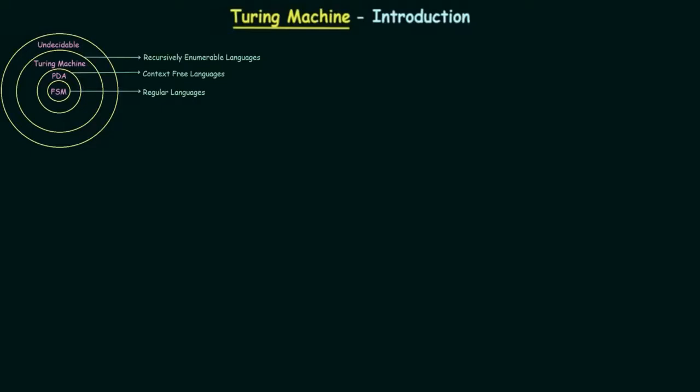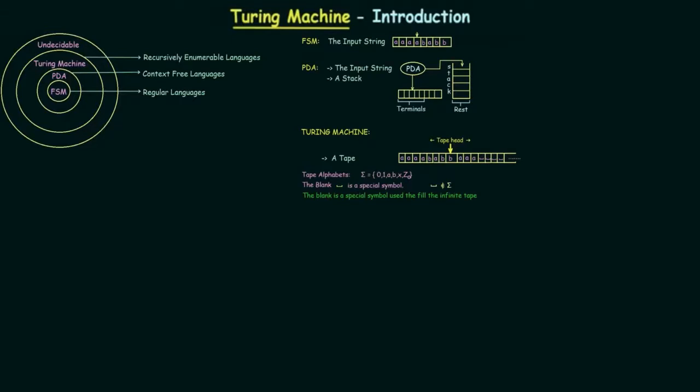But first let's introduce the Turing machine. Whatever we have seen so far is finite automata. In finite automata, the memory was only the input string. That means there is a set of input string given, and you can only operate on that. You can go from one state to another state using the input string, and that's all about it.